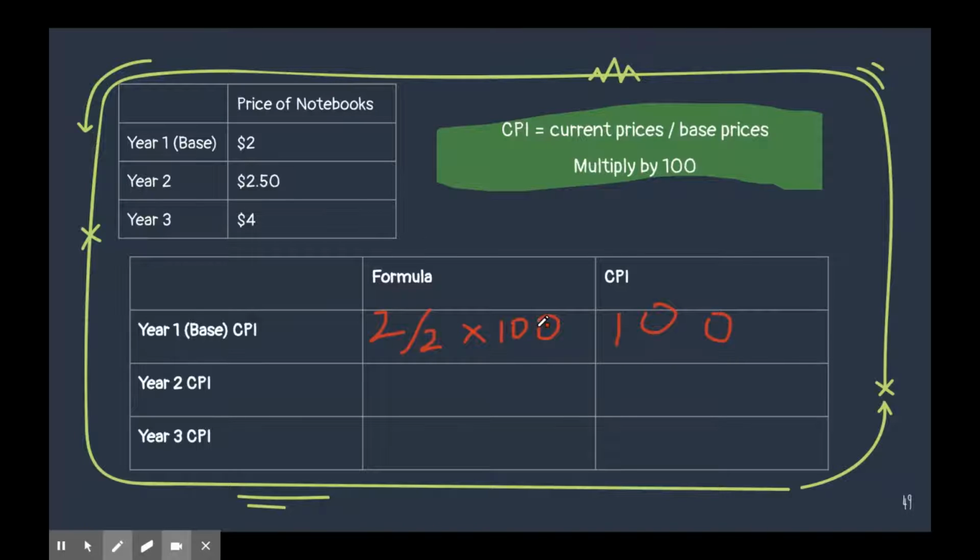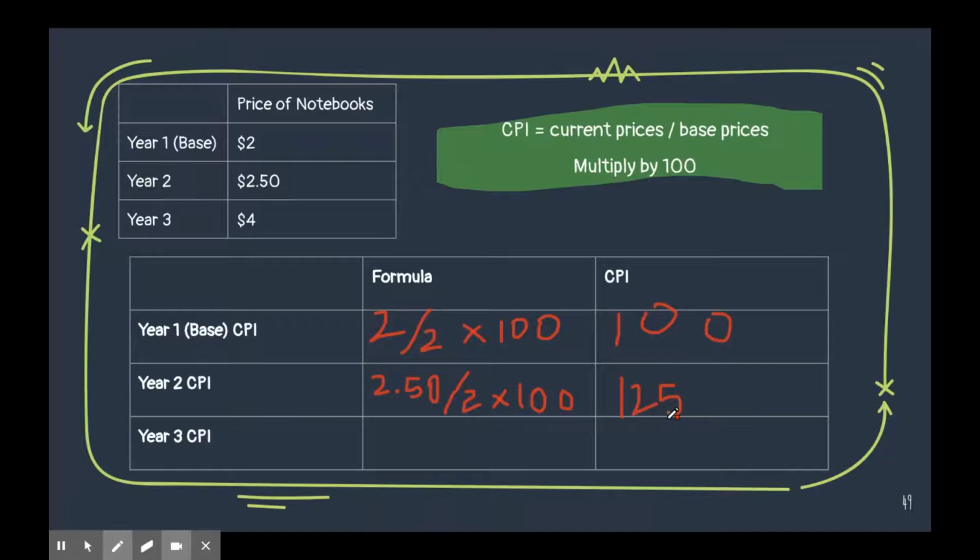Looking at year 2, our current price is $2.50. If we divide that by our base, which we know is 2, $2.50 divided by 2 gets us 1.25, times 100 will give us 125, which is much higher than our CPI the year before.